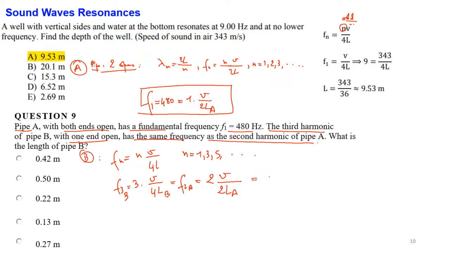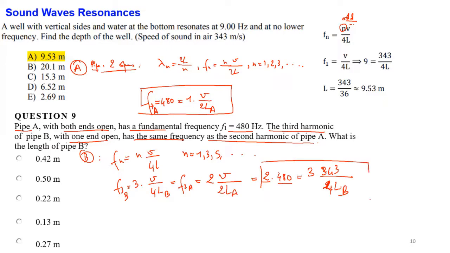Great. Which is just 2 times V divided by 2LA, which is just F1. Basically, this F1A, okay, which is 480. So I know everything. I know that 2 times 480 is 3 times V, which is 343, divided by 4LB.